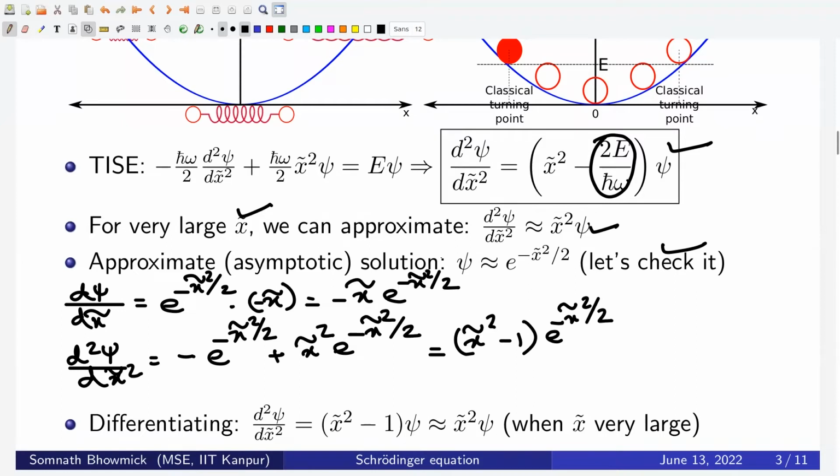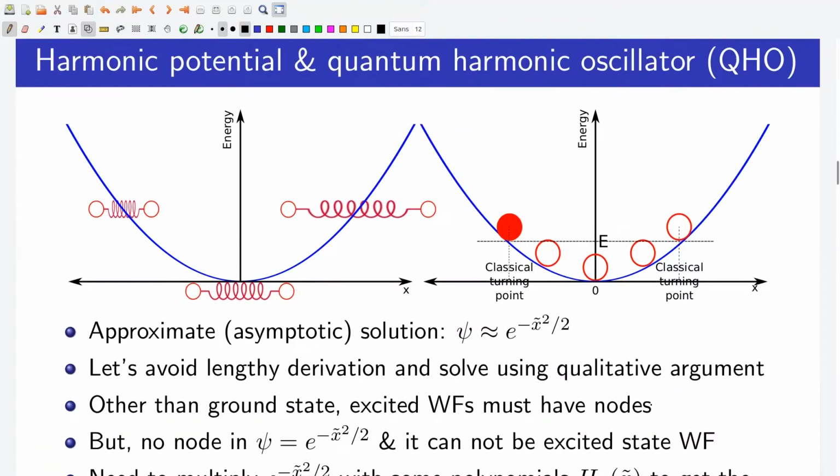Now what we have assumed is that x tilde is very large, correct? So again we can ignore the term 1, such that we can write this as x tilde square times psi, which proves that this is a solution for this equation. Thus, the approximate asymptotic solution is this.